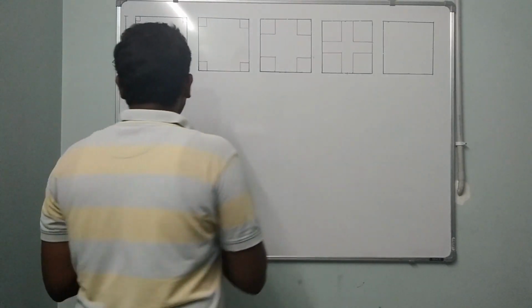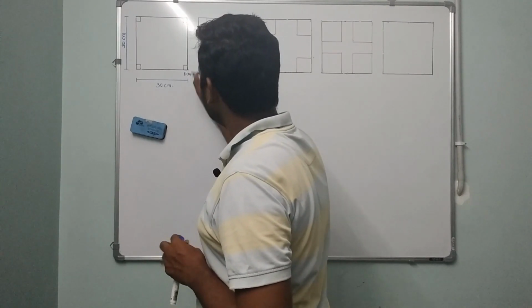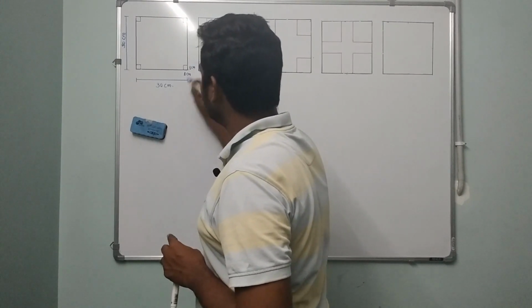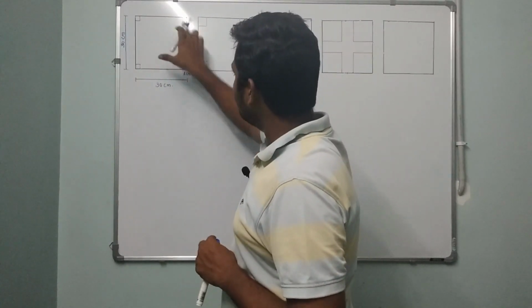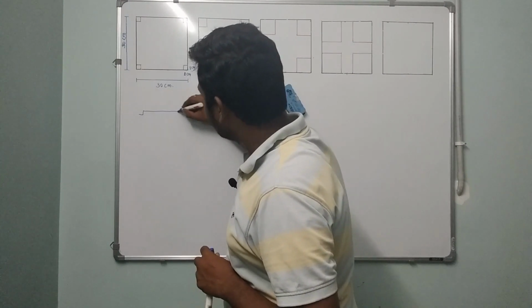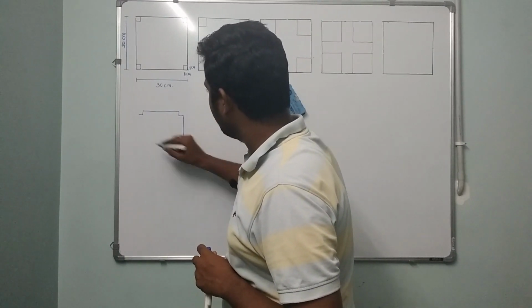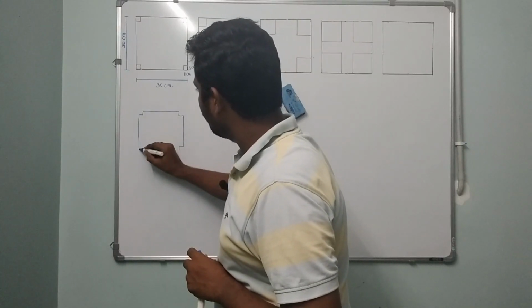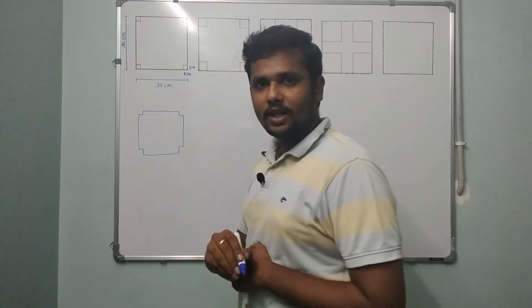Let's start cutting with a length of 1 centimeter, 1 centimeter, and here also 1 centimeter. If I am removing this corner, the cardboard sheet will look like this.